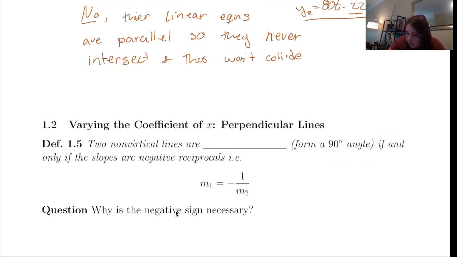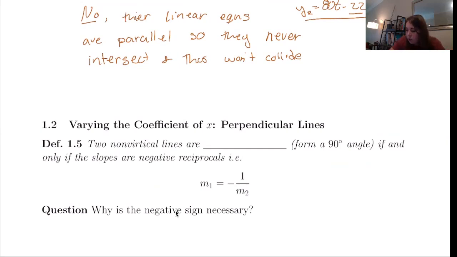Let me move back to my green. That means they form a 90-degree angle if and only if the slopes are negative reciprocals of each other, right? So I'm just going to flip it upside down and negate it, okay?